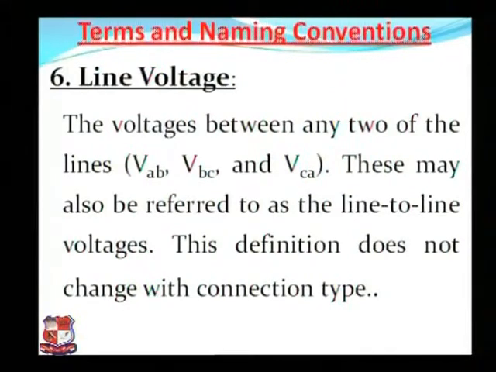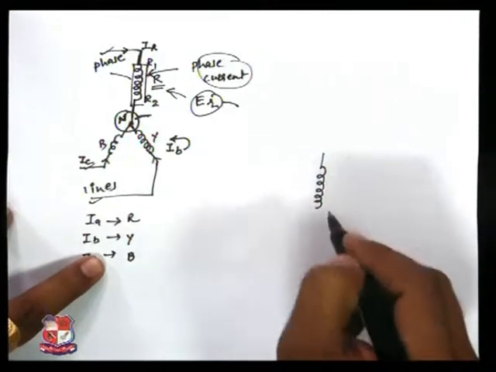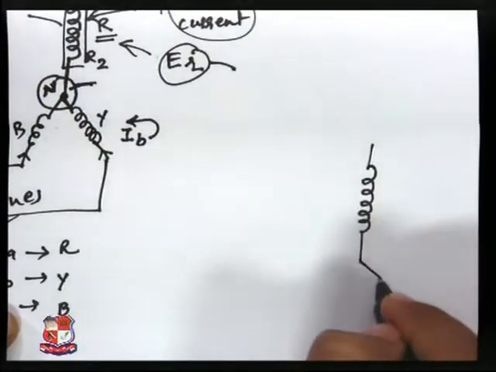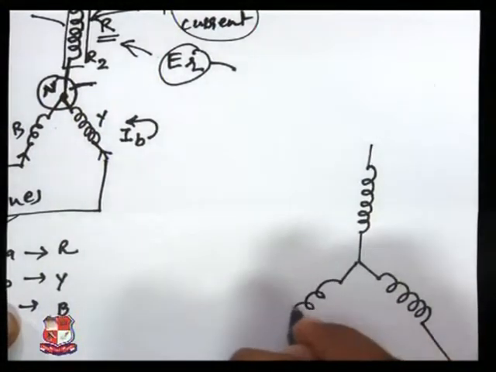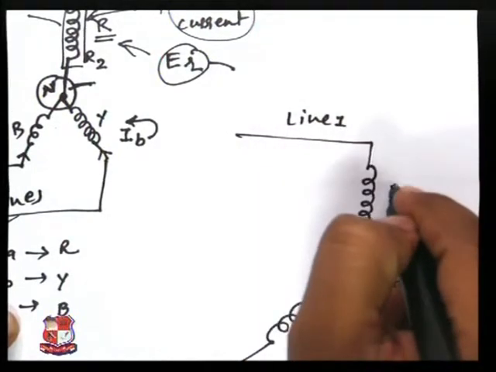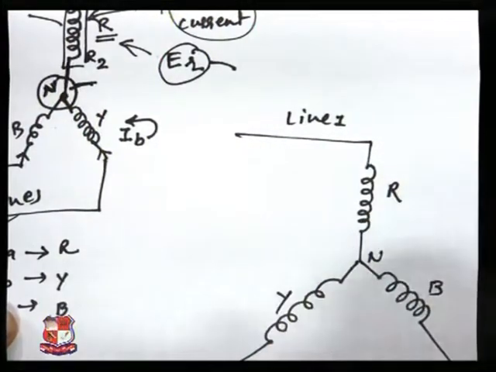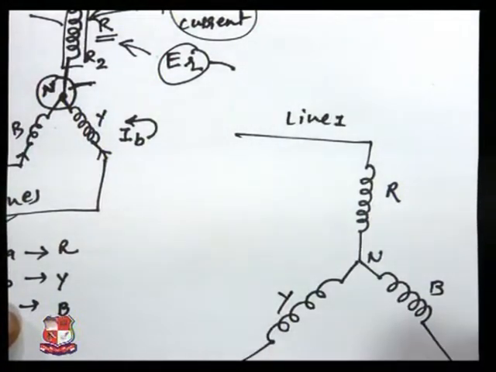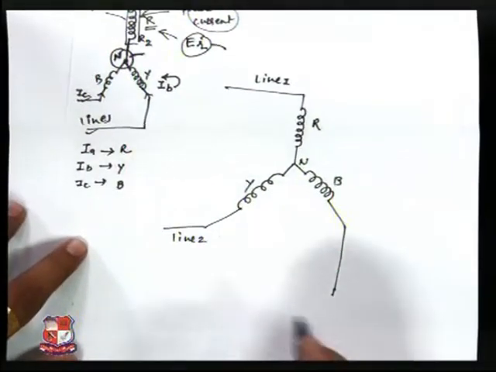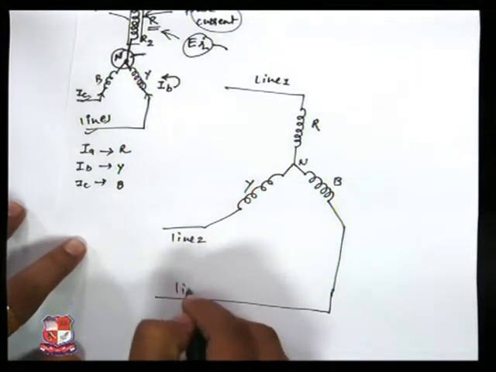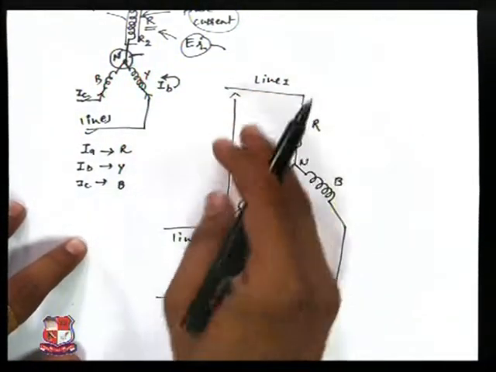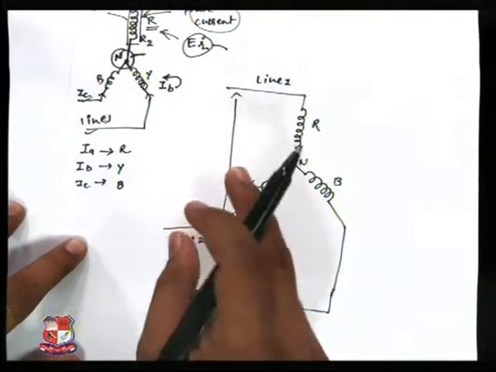Again, if we take the three lines, with the neutral, line 1 for R, line 2 for Y and line 3 for B, then whatever voltage is generated across any two lines is known as the line voltage.